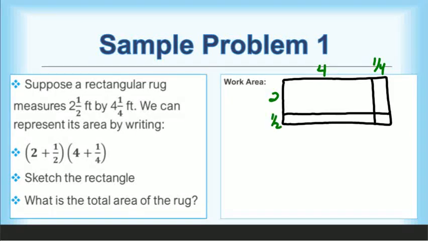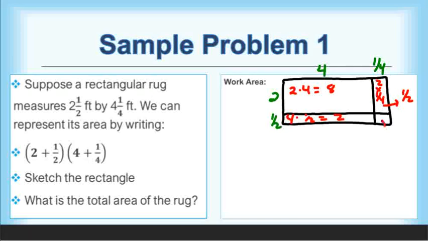In each small piece, we would just find the area of each part. So the first one, we would have 2 times 4, which would give us 8. Here we'd have 2 times 1/4, which would equal a half. And then we would have 4 times 1/2, which would give us 2.